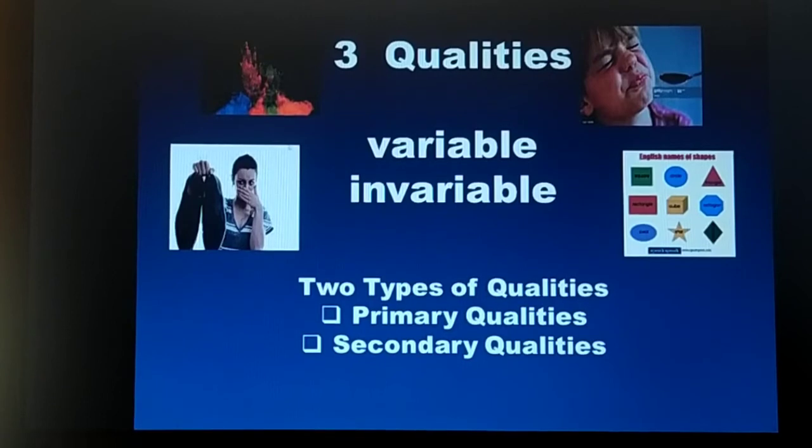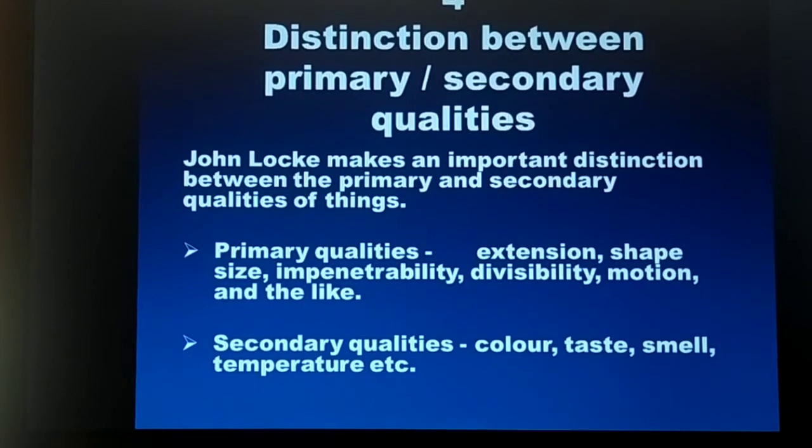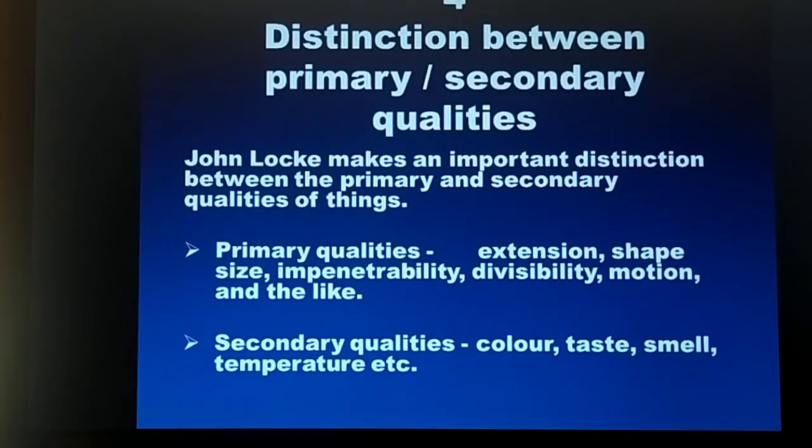Now let us see what the primary qualities are. John Locke makes an important distinction between the primary and the secondary qualities of things. The primary qualities are extension, shape, size, impenetrability, divisibility, motion, and the like.